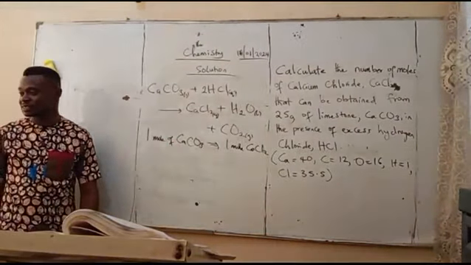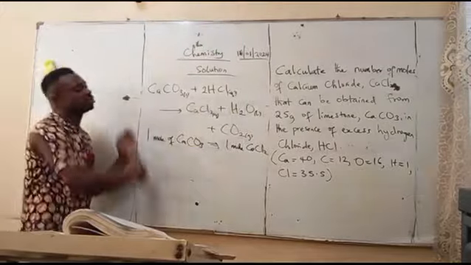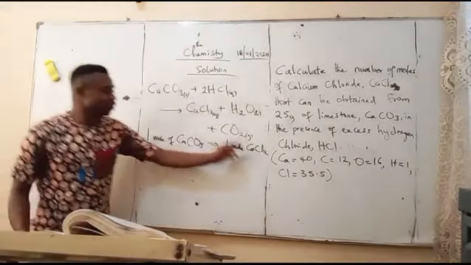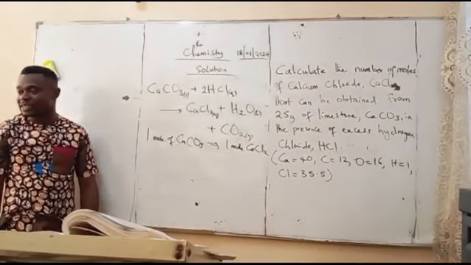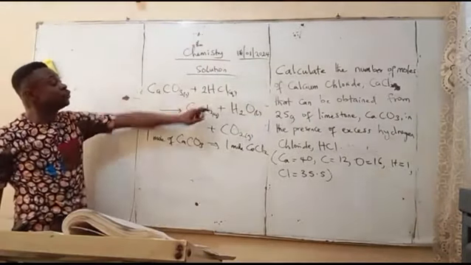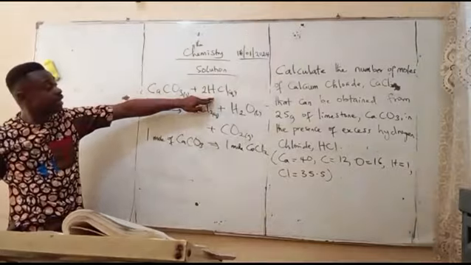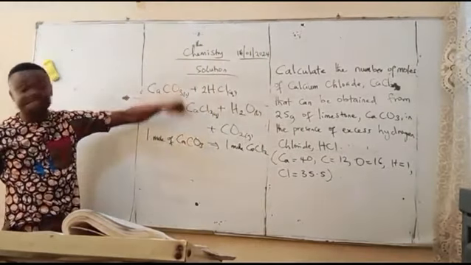You get the answer straight. If you want, you move this one to mass, move this one to mass, and start bringing it back again to the answer. Even if you use only HCl to calculate this, you still get the same answer.